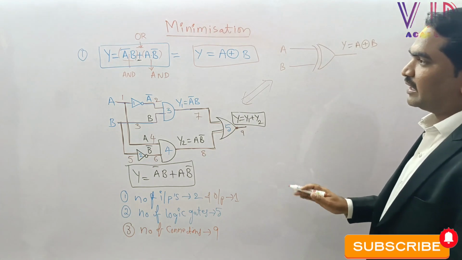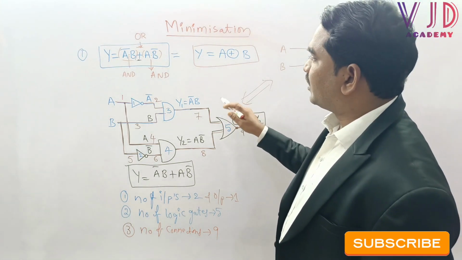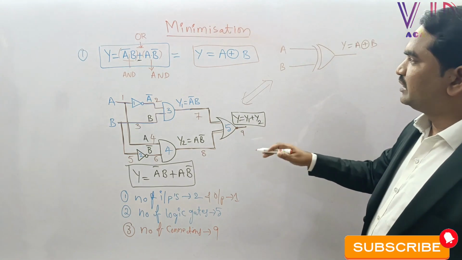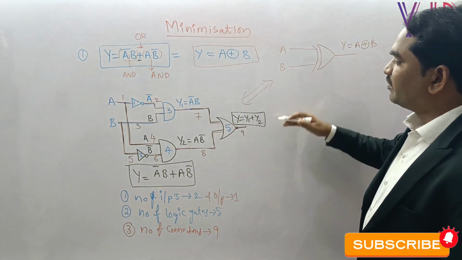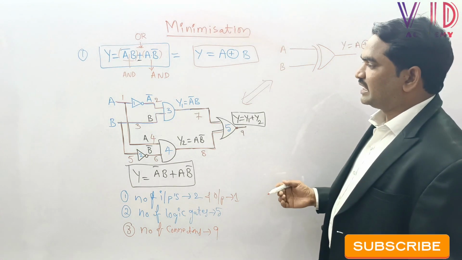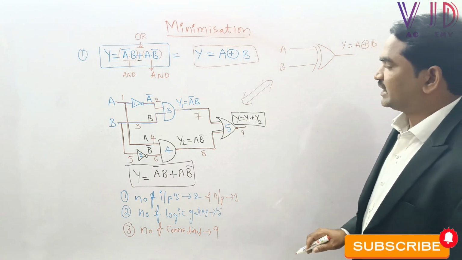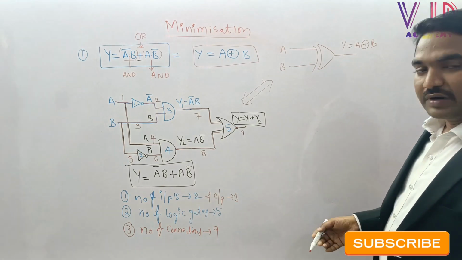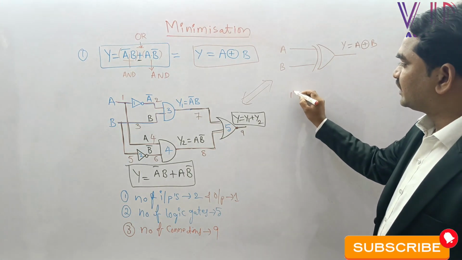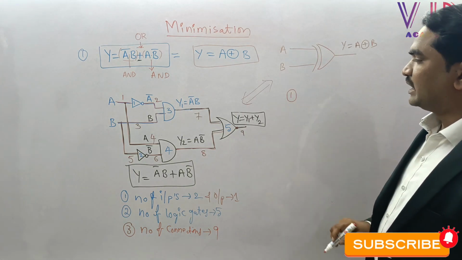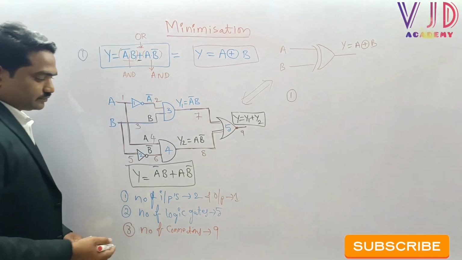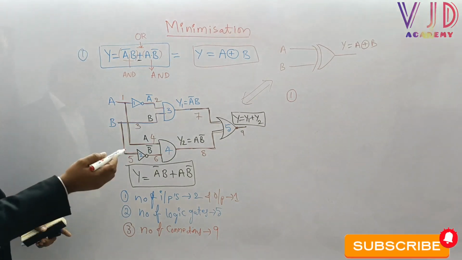When we consider the minimal form, how many logic gates and how many logical connections are required to implement this logical expression, we will come to know the need for minimization. I would like to list the advantages, or the requirements, of minimization.